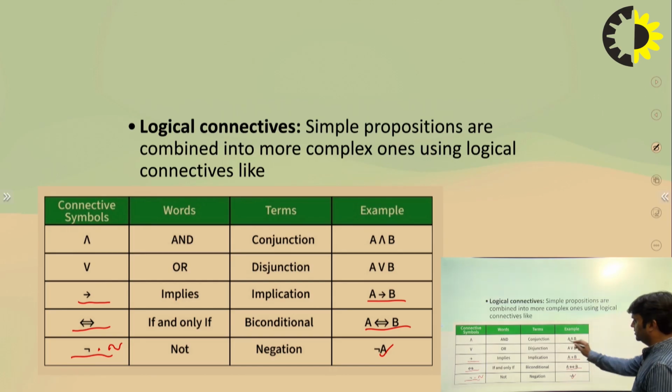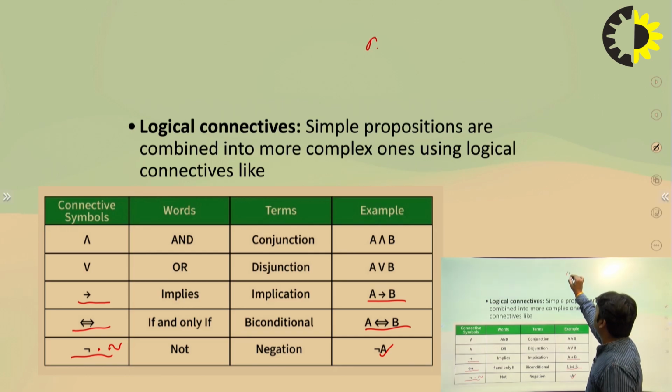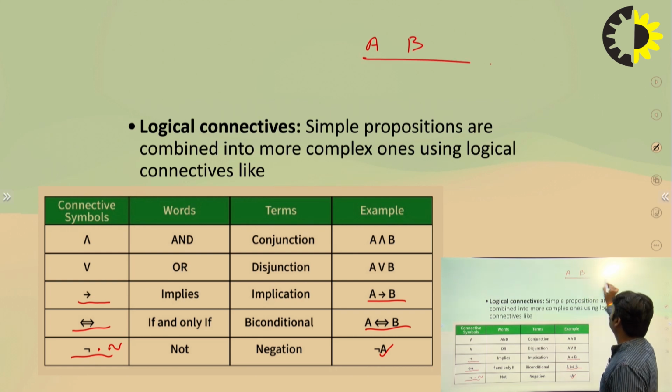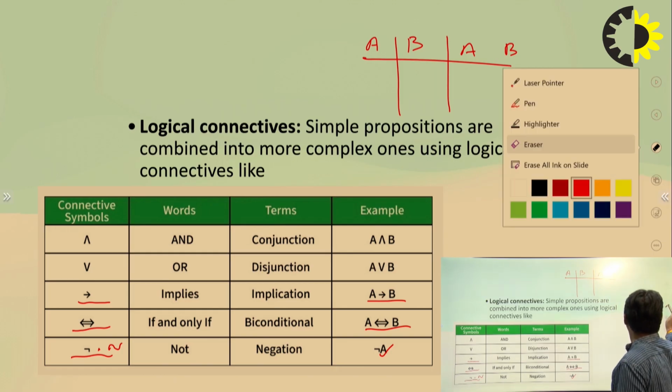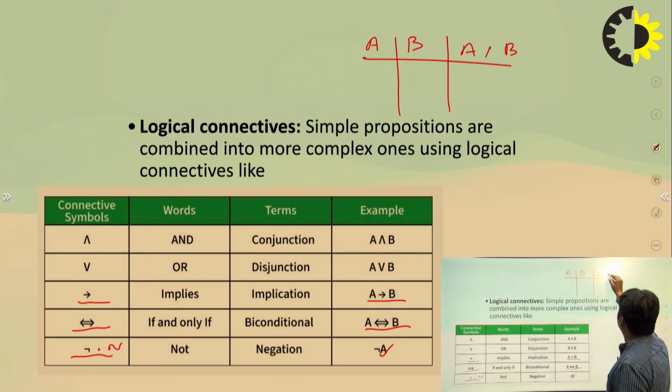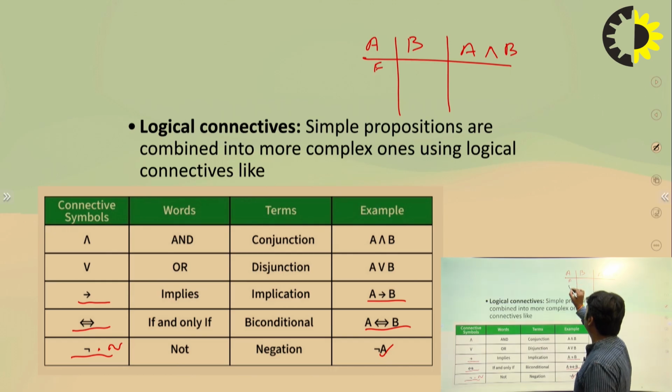To construct a truth table for AND, we write A, B, two different sets, and we apply the AND operation on them, A and B. The values of A and B are false, false, true, true, and false, true, false, true.